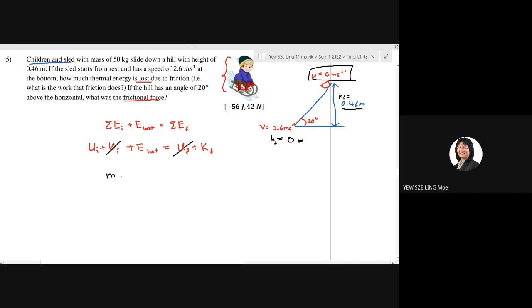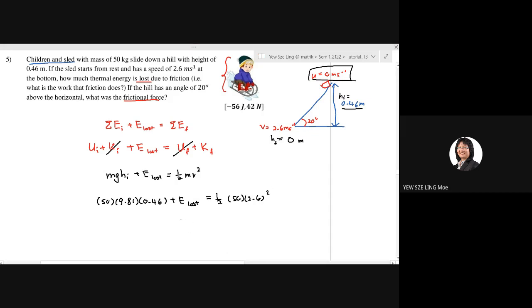Therefore, I'm going to expand the equation. mgh initial plus E loss equals 1/2 mv squared. So plug in the values. m given is 50 kg, and then 9.81, where h initial is 0.46, then plus E loss, which equals 1/2 times 50 times 2.6 squared.